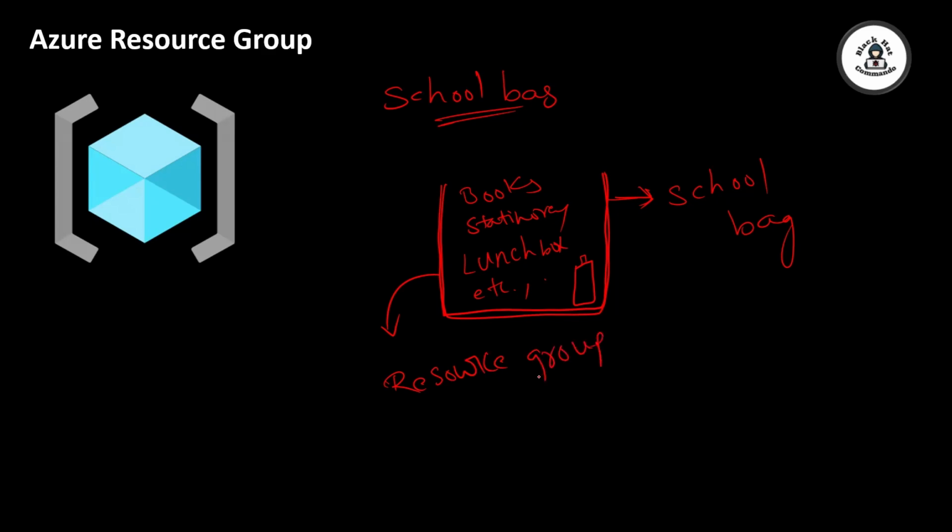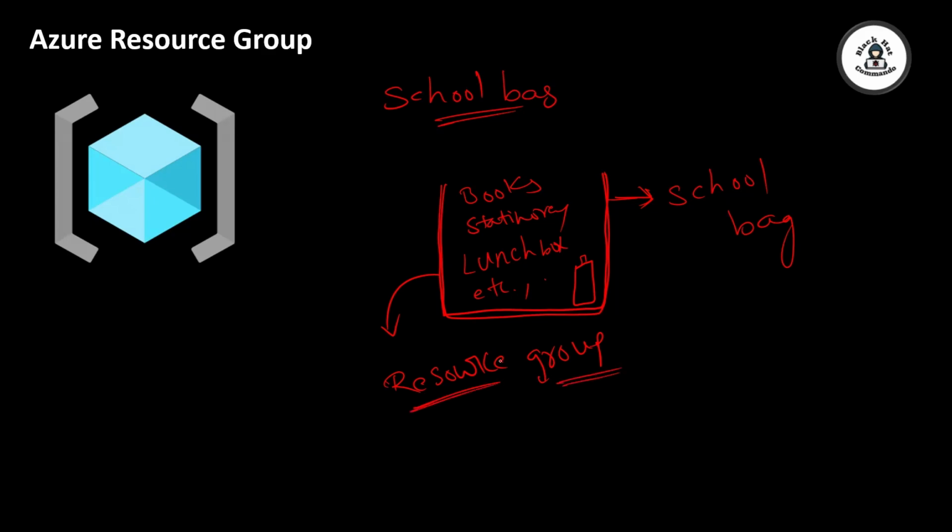So I'll give a good example. You are working on a project, and you want to create a centralized space for all the things related to the project in the same place. That is called a resource group. Okay, did you understand?